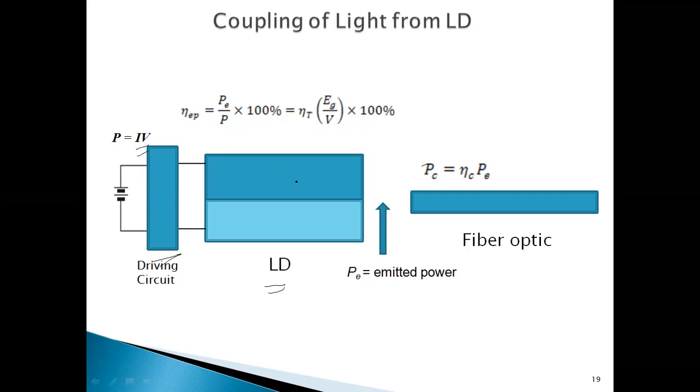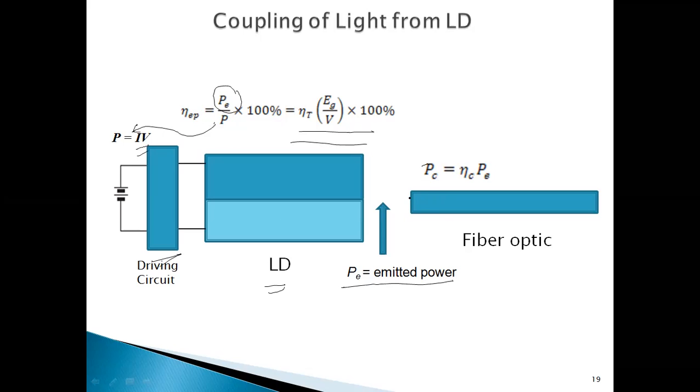From what we have learned before, the external power efficiency is given by the emitted power PE divided by P, times 100%, the same P here, as given by this equation. The light emitted by the laser diode is PE, the emitted power. So if you know the external power efficiency, we can calculate the value of PE.